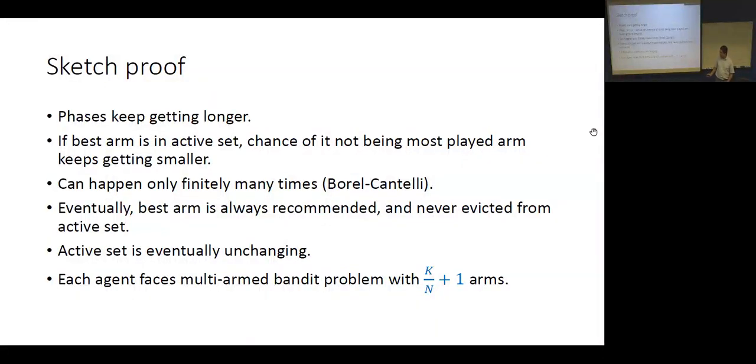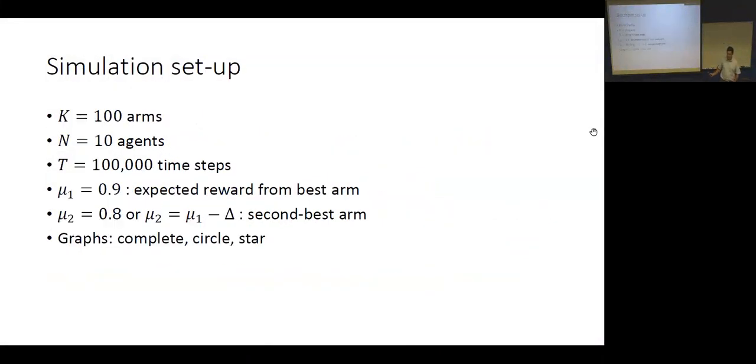And then once everybody has got the best arm in their active set, that's all they are ever going to recommend, and nothing changes. So at that large random time, the system is frozen, everybody knows the best arm, and they are going to play UCB on their active set, which is of size k over n, and that's it from there. And then you just base the analysis on that and do a standard bandit analysis after that.